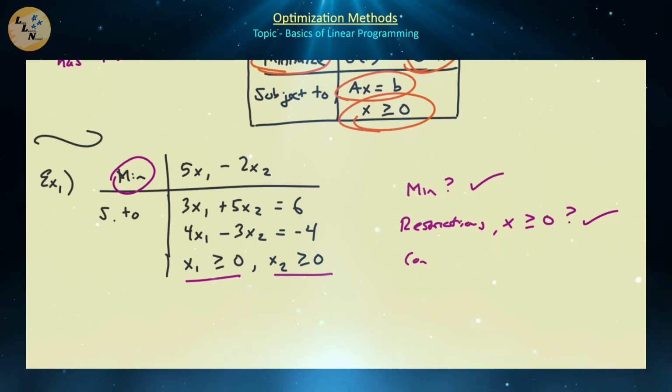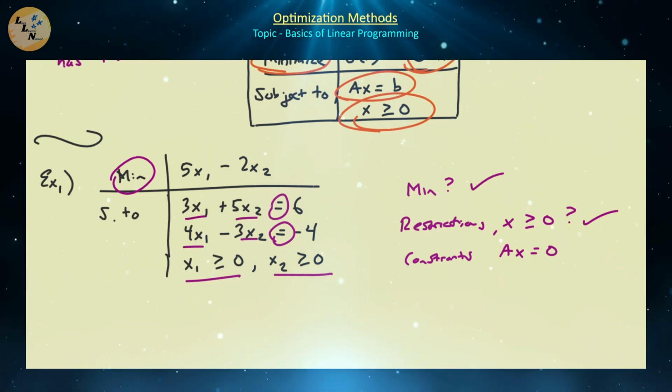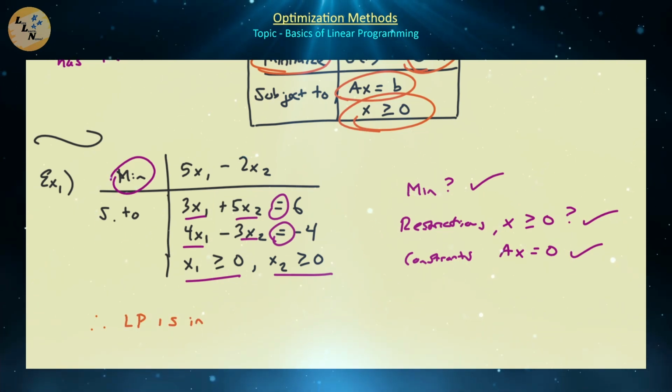Now, in terms of our constraint equations, are they in the form Ax is equal to b? Yes, because we have all equalities and we don't have any nonlinear terms in that particular structure. So since all three of these things are satisfied, that means this is in standard form. So the linear program is in standard form.